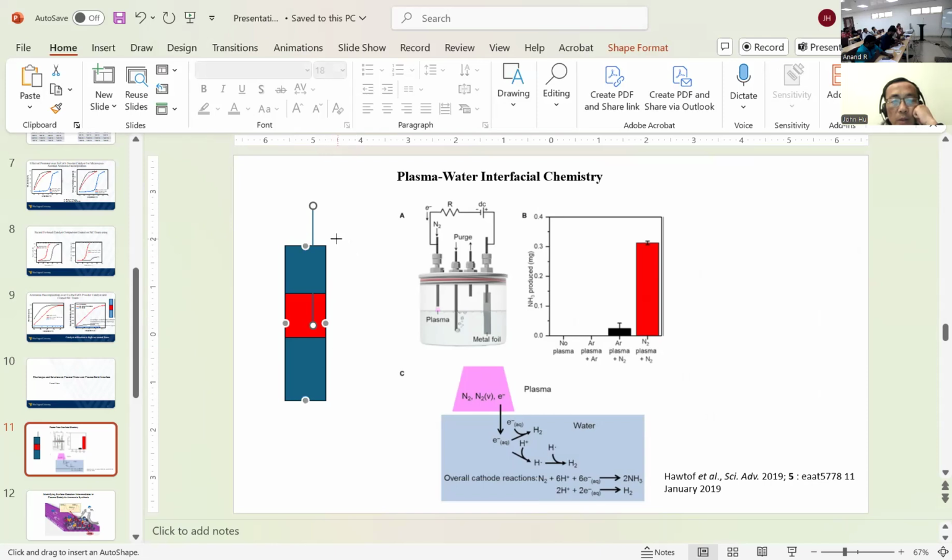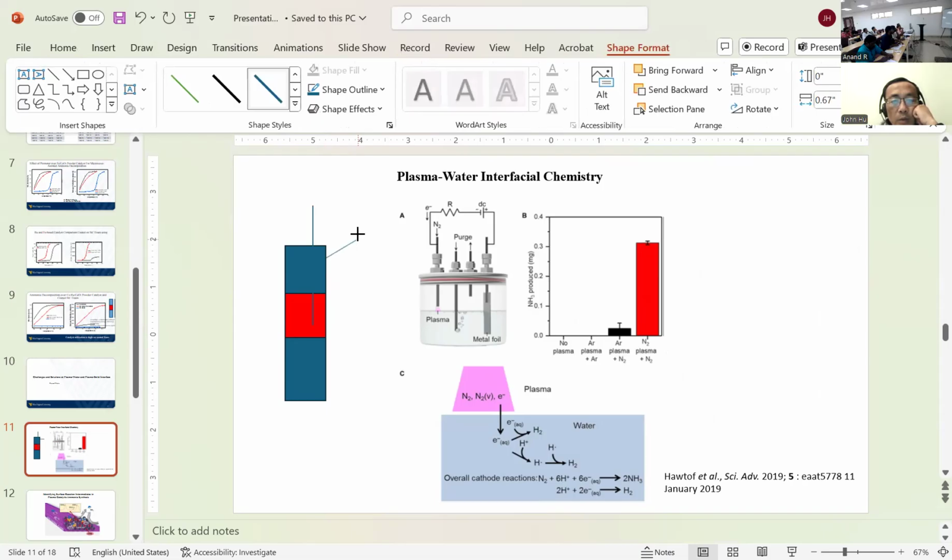You connect to here, and between these two you put the high voltage, and then the plasma is generated. That's DBD. But this is not DBD.